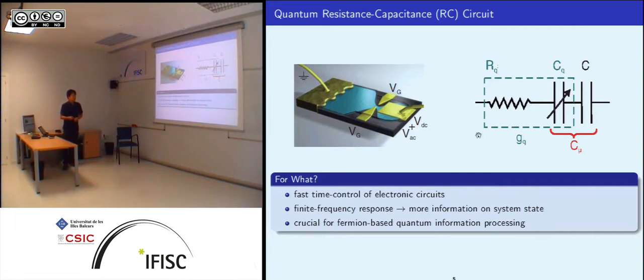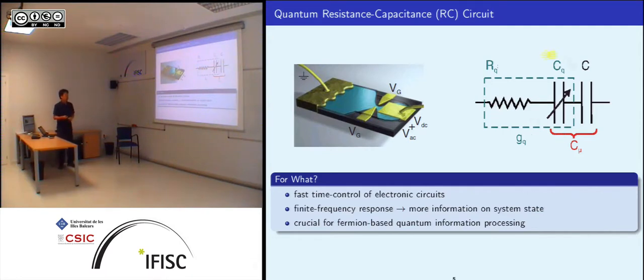Mostly we want to know how fast this circuit can react to external perturbations. It is very crucial for implementing quantum devices, since we need a quantum device which works at very high frequency.